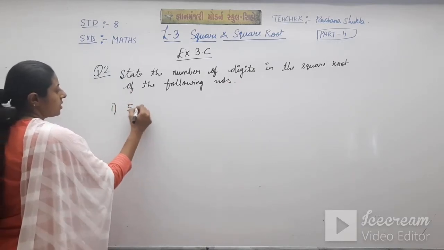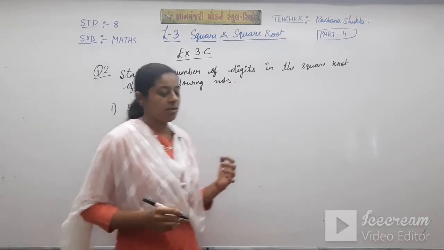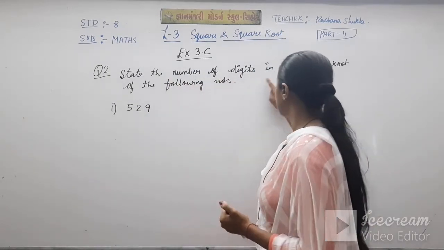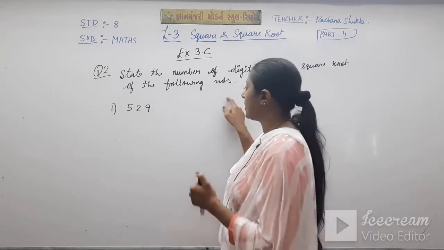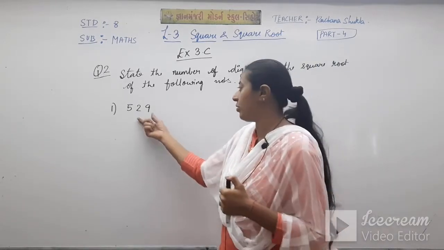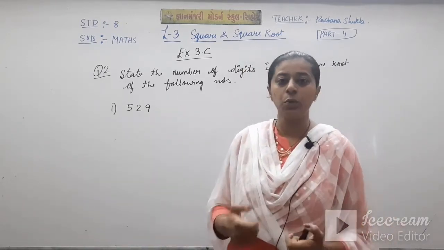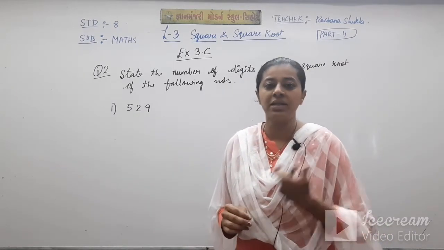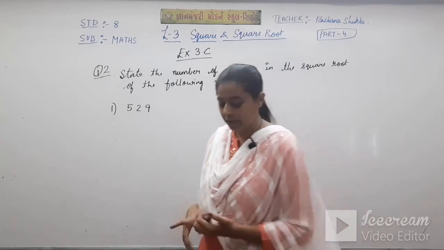The first one is 529. So if you find the square root of 529, you have to find out how many digits there will be in that square root.